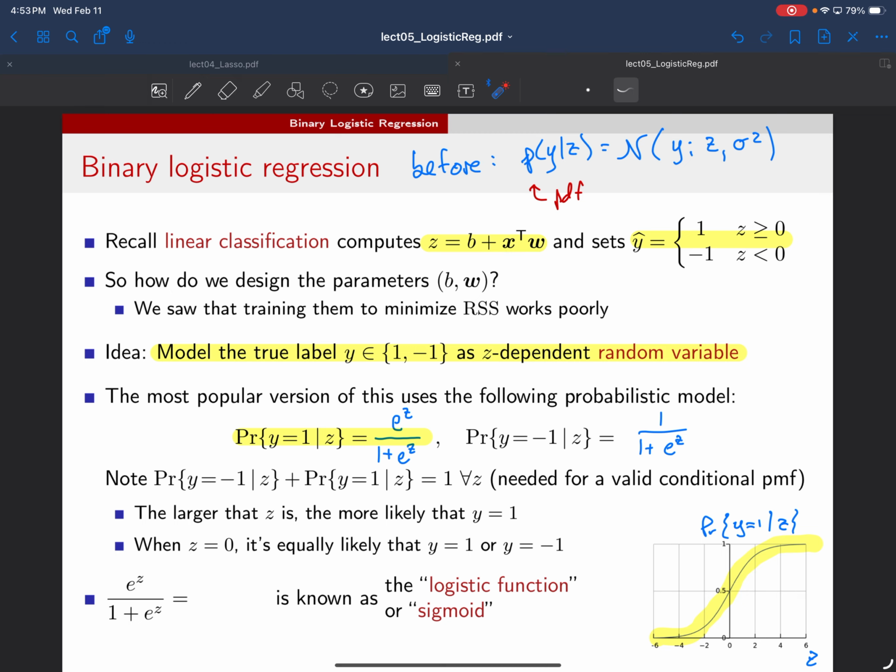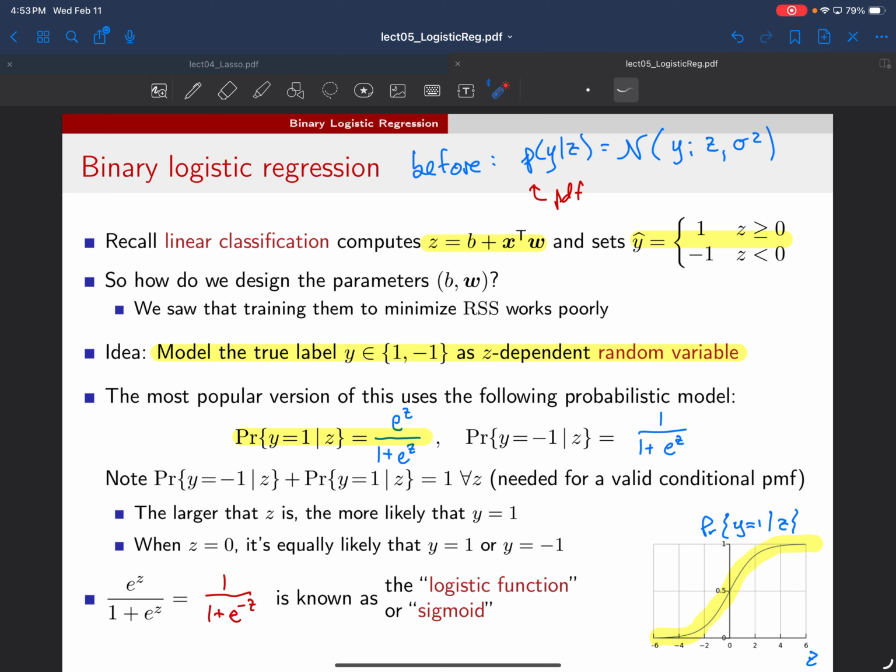Okay, so another way that we can write this, that is very, very commonly rewritten, is to multiply top and bottom by e to the minus z, in which case you get 1 over 1 plus e to the minus z. So these are equal, just two different ways to write it.